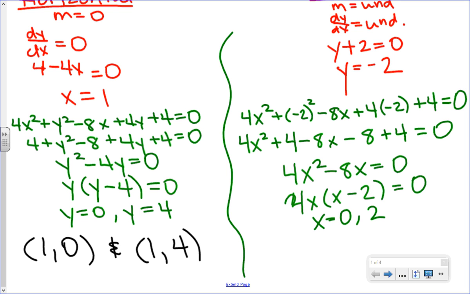So when x is 2 and x is 0, we have a y value of -2. So the coordinates where we have vertical tangent lines would be (0, -2) and (2, -2).